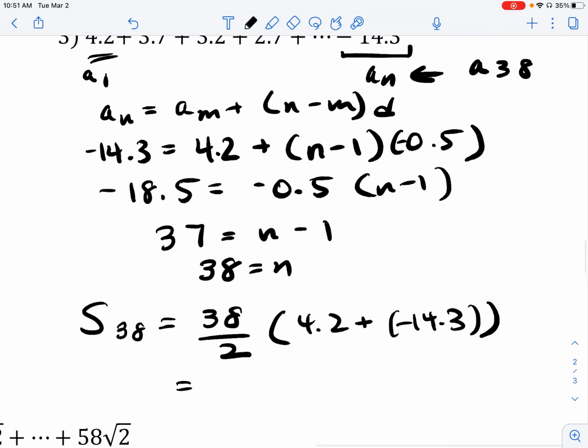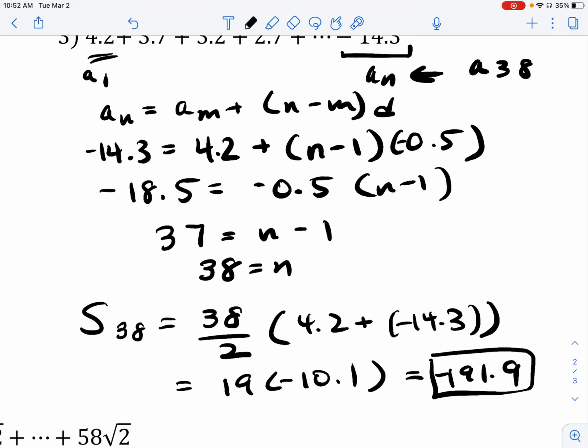And if we clean that up, we are going to get 19 times negative 10.1, which is negative 191.9. There's our sum of our first 38 terms.